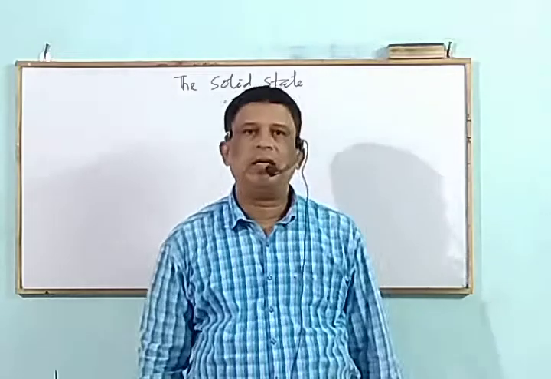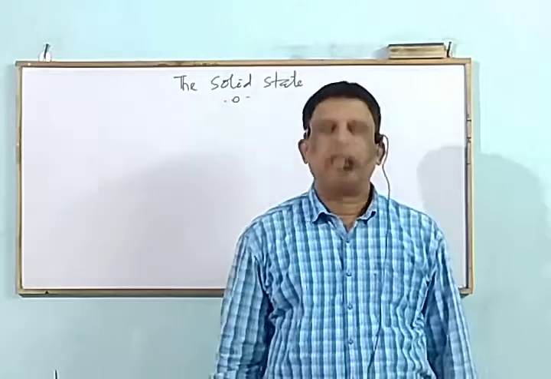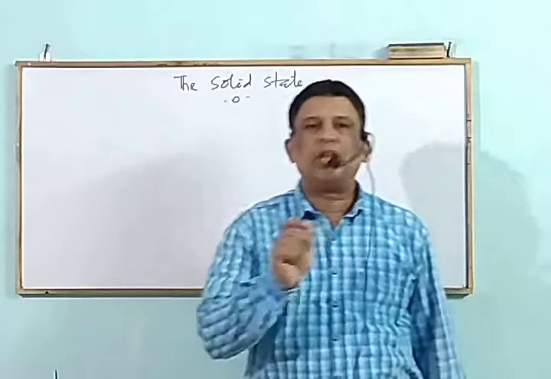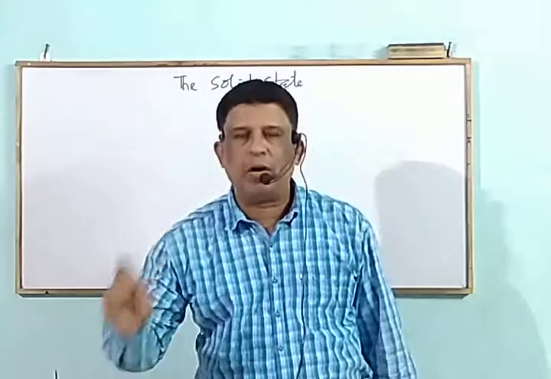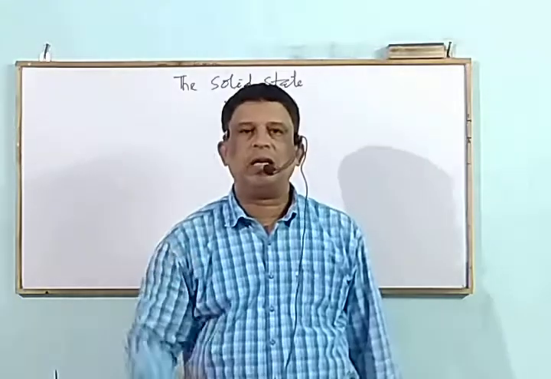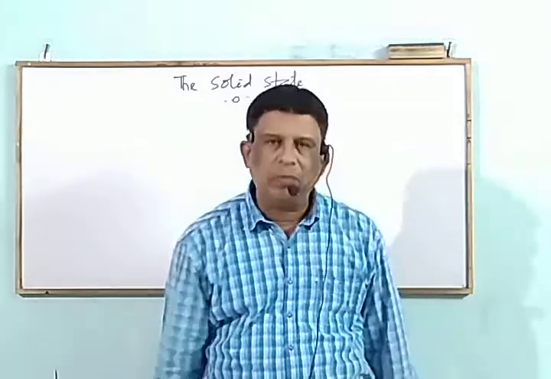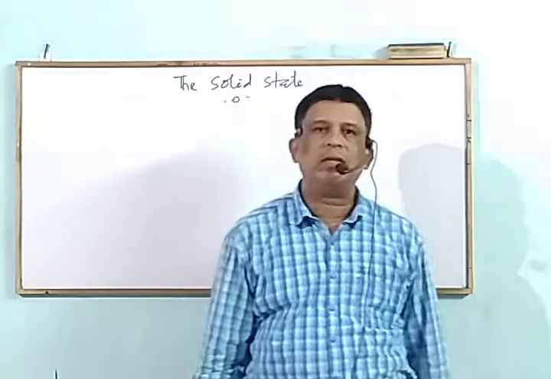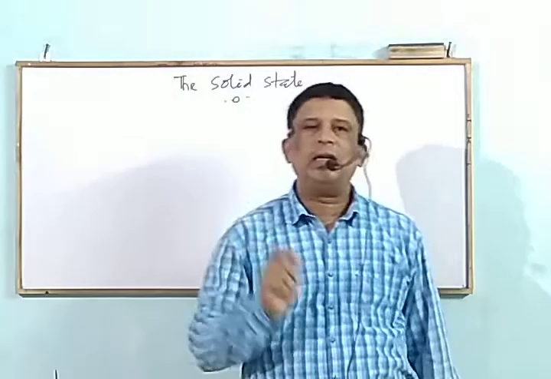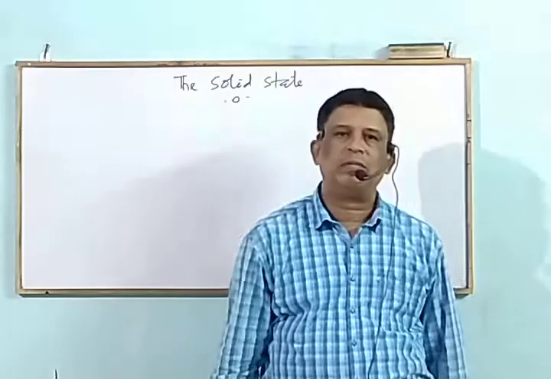What do you mean by solid? Classification of solid as crystalline solid and amorphous solid. Distinction between crystalline solid and amorphous solid. Classification of crystalline solid basing upon the magnitude of forces of attraction and types of constituent particle present, that is ionic solid, covalent solid, molecular solid and metallic solid.